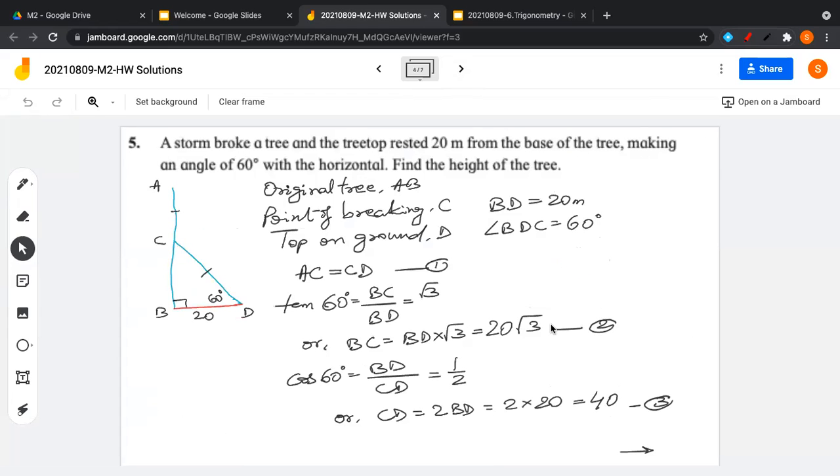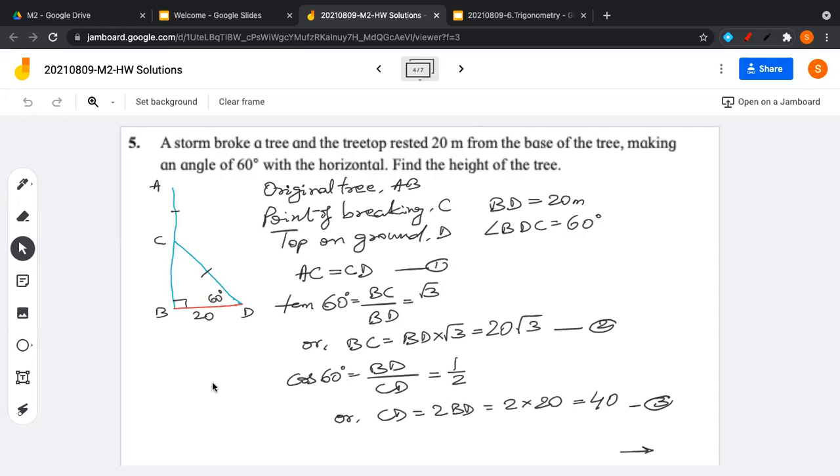Next one is very similar to example number 5, where we had a tree which broke during a storm. When a tree breaks, so we are saying that AB was a tree and it broke at the point C, वो नीचे गिर गया. So A moved to the point D, and that point D is 20 meters from the foot of the tree, bottom of the tree.